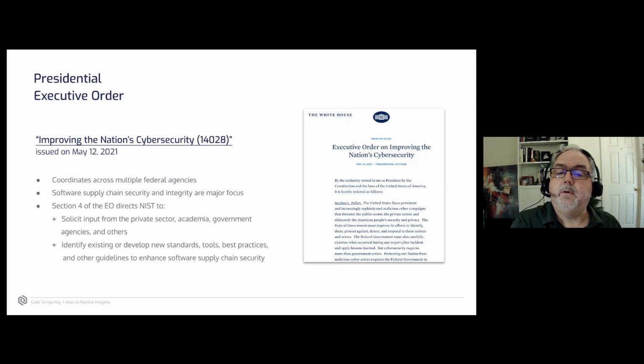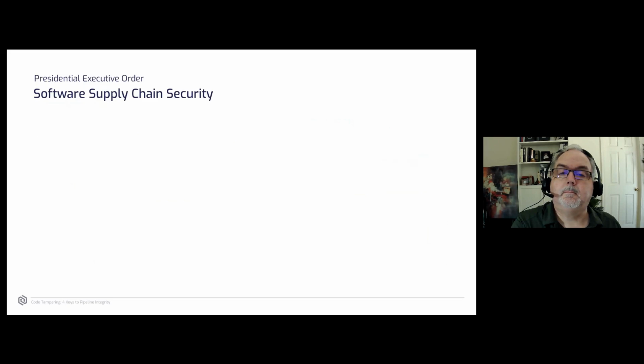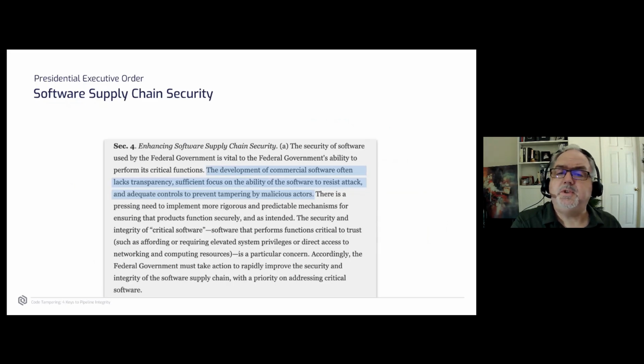Those guidelines include criteria to evaluate software security, criteria to evaluate the security practices of the developers and suppliers themselves, and innovative tools or methods to demonstrate conformance with secure practices. It calls particular attention to challenges created by using commercial software, such as a lack of transparency into the software and supply chain behind it, lack of visibility into how well it's been secured or hardened, and lack of controls to prevent malicious tampering.